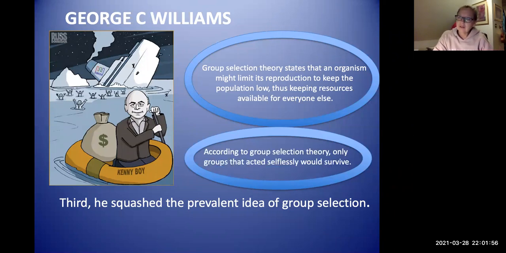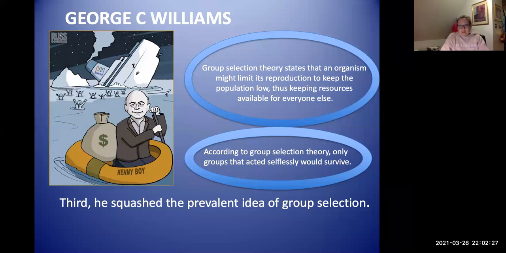If you hear this idea that only groups that act selflessly will survive, it doesn't withstand common sense thinking it through, because if I'm going to sacrifice myself so that you can have a kid, I'm not going to have a kid so that you can have a kid, then natural selection is going to act against me, and the next generation is going to be filled with people who are going to have kids, right?